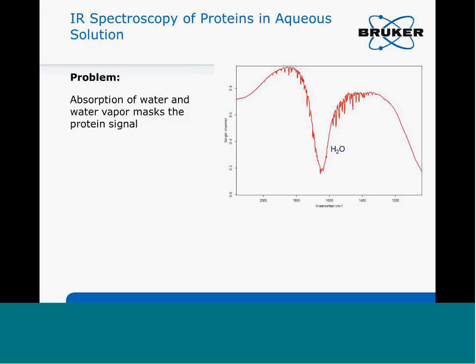Atmospheric water vapor has very sharp bands also located around 1650 wave numbers. If you have a low concentration of protein in a buffer, you need to be very careful to subtract the water contribution and the atmospheric water contribution.